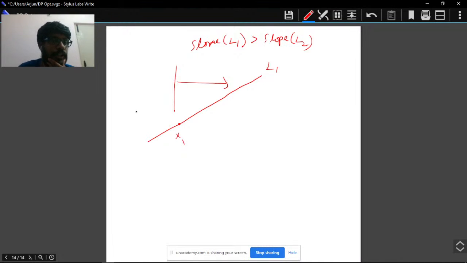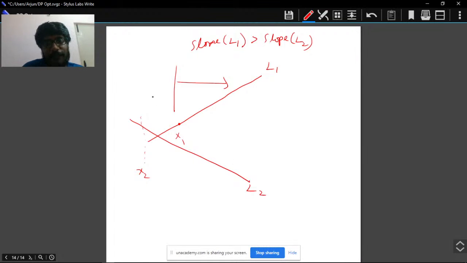It could be the maximum for something here, because L2 could be something like this. In this case, at this x2, L2 is the maximum, larger than L1, so L2 could be the maximum amongst all the n lines. But for any xi which is greater than x1, L2 can never be the maximum. Why?